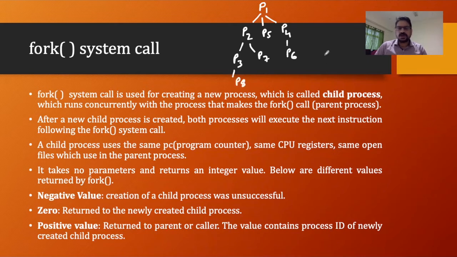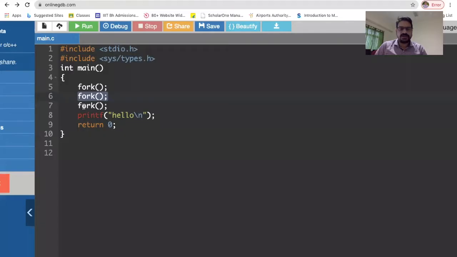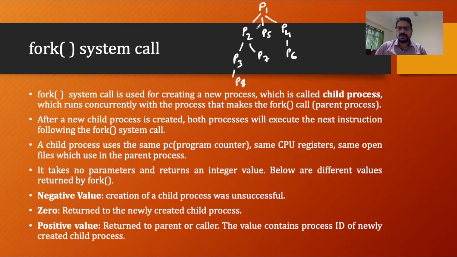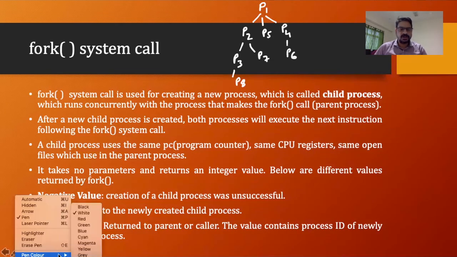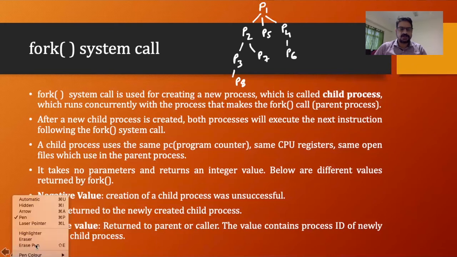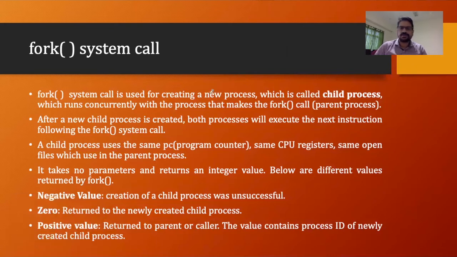So after executing all three forks, how many processes do we have? P1, P2, P3, P4, P5, P6, P7, P8. If you have doubt, I'll repeat it once again with different colors, so you will not have any issue.